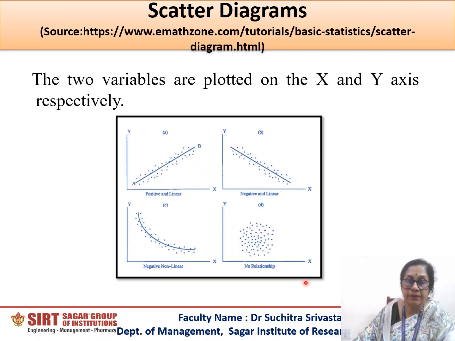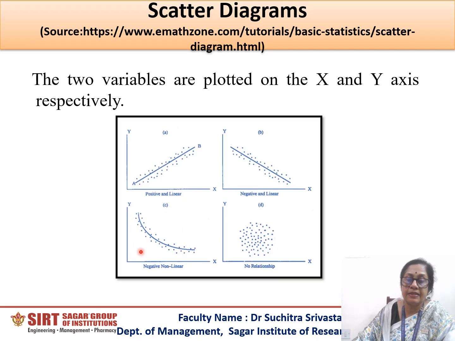Coming to this graph, we see that the curve is in this form, and because we have a curve, firstly we say that it is a nonlinear relationship. Since the curve is coming down, when one of the variables is increasing, suppose we say that this is the variable x, and x is increasing, we find that the value of variable y is decreasing. In that case we say that there is a negative correlation.